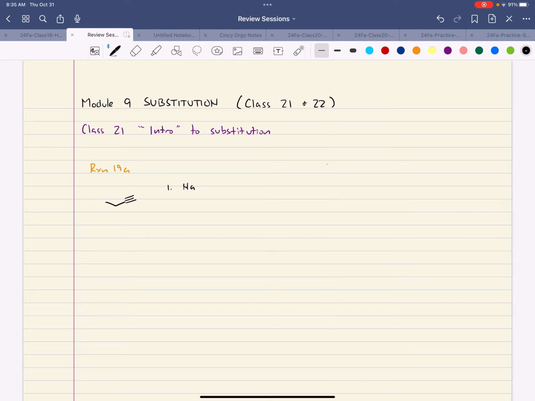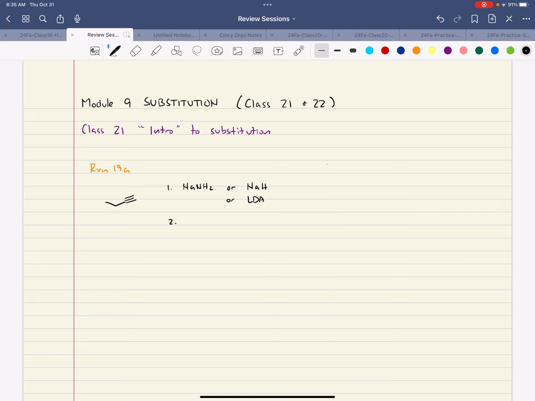The base that I typically use is NaNH2, or you could also use NaH or LDA. And you need to know the structures for NaH and LDA and how to draw the base so you could use it in the mechanism.